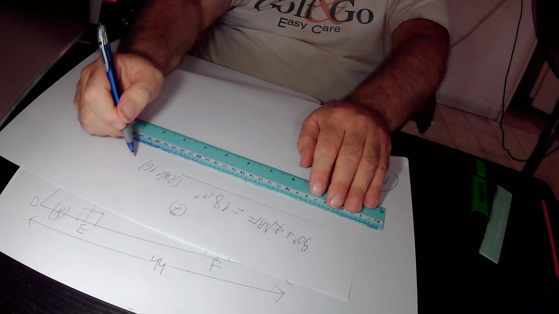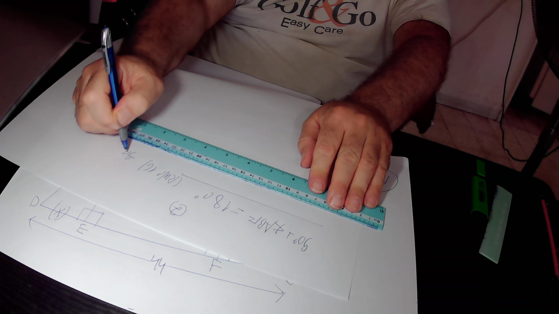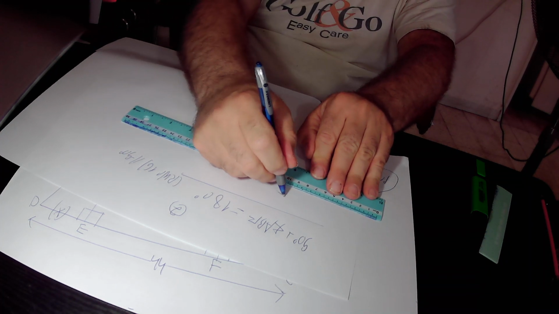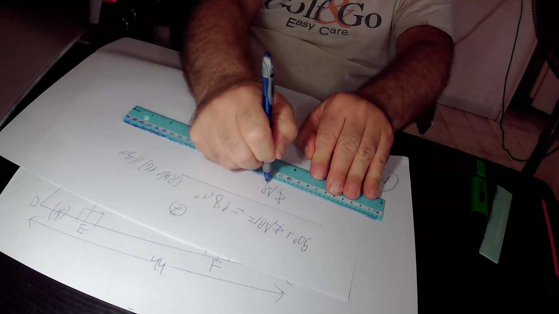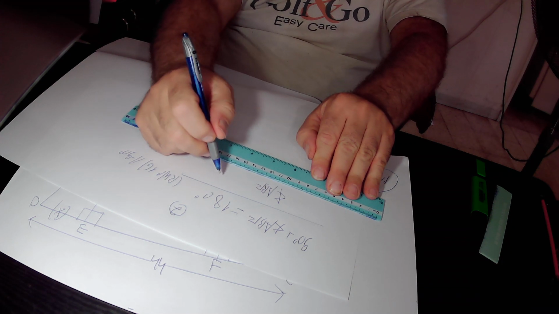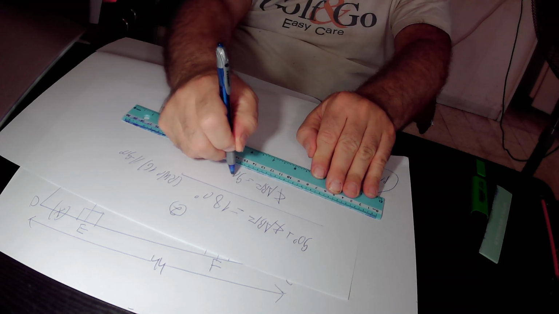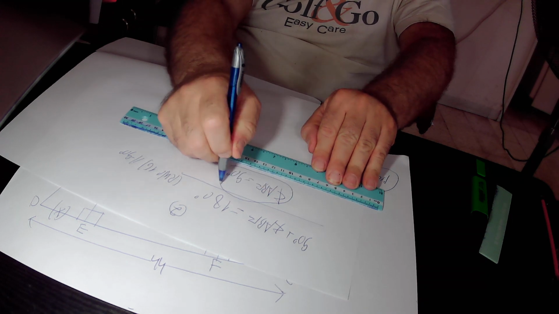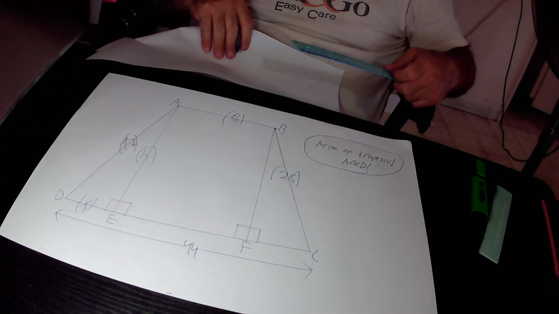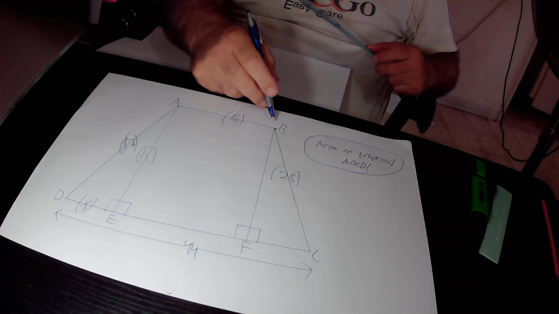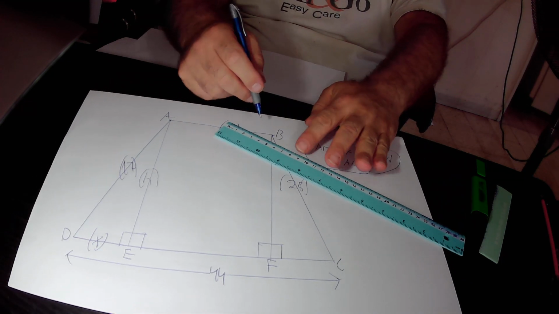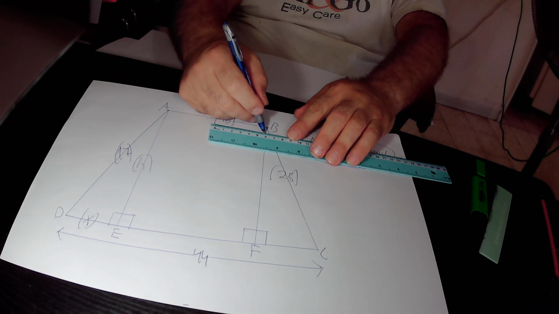Here we subtract 90 degrees from this equation, and finally get that the missing angle ABF is equal to 180 degrees minus 90 degrees, which is 90 degrees. So the missing angle ABF is equal to 90 degrees according to rule 16.